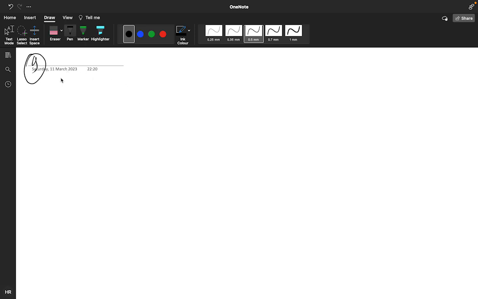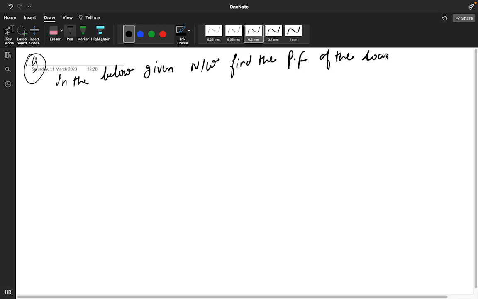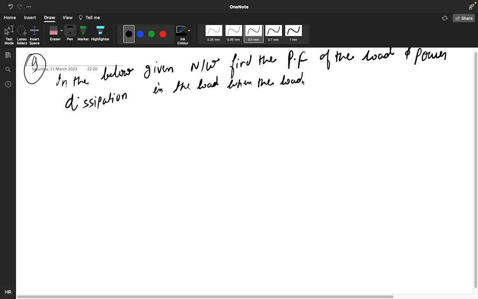In the below given network, find the power factor of the load and power dissipation in the load when the load resistance is 5 ohm.